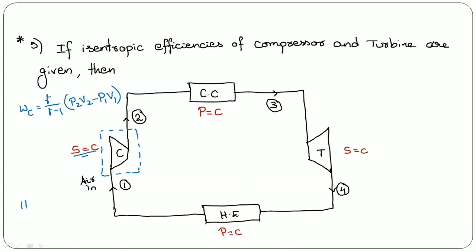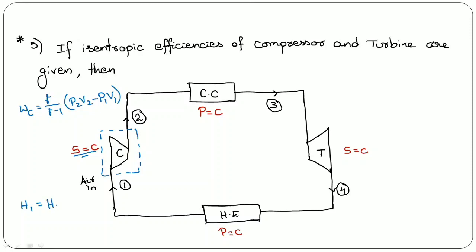As the process is isentropic, there will be no heat transfer, and let us assume that there is negligible variation in the kinetic and potential energies. So we can neglect them, and during the isentropic process heat transfer is 0.